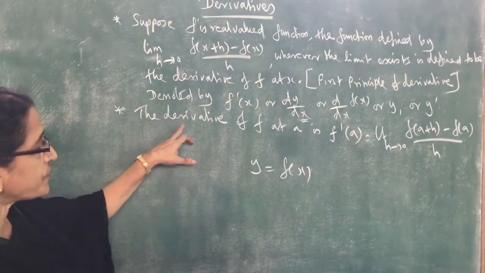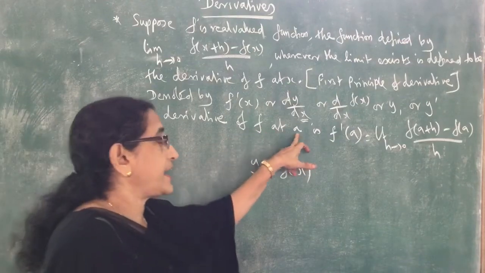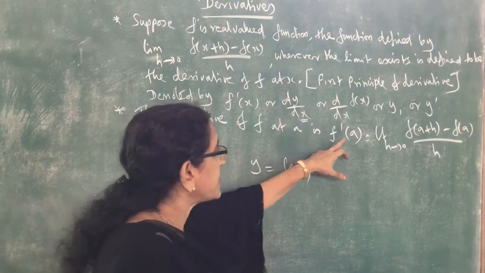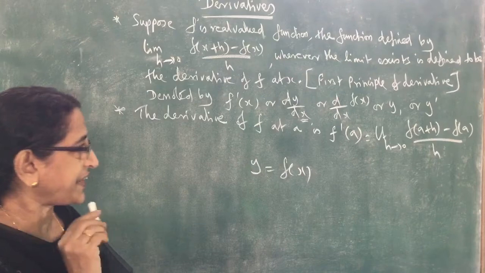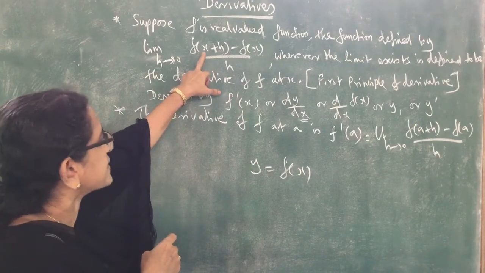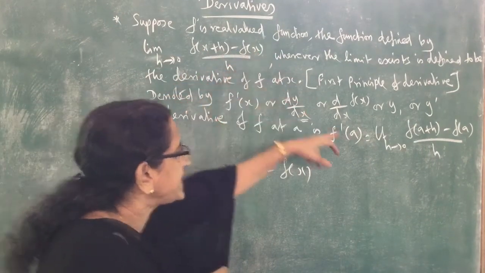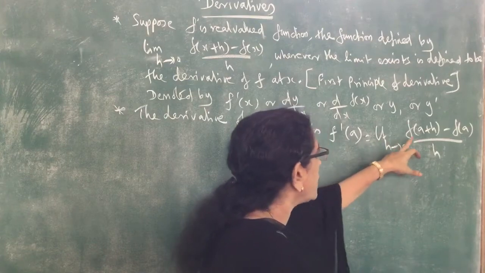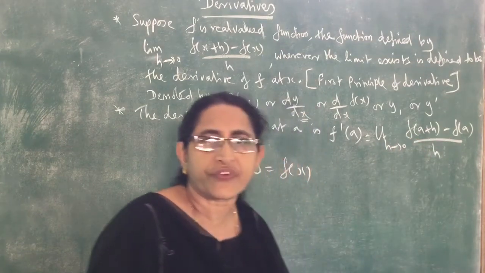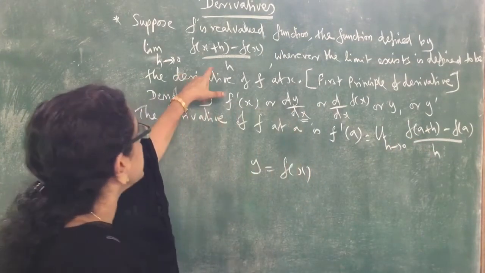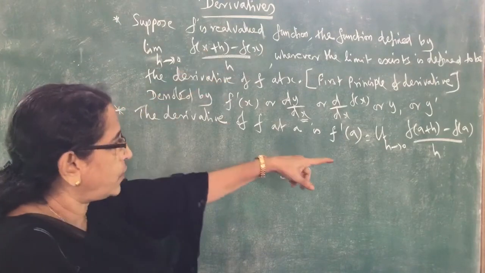Now the derivative of the function f of x at x equal to a is f dash a. At x equal to a means we only replace x by a. In the place of x, write a. So limit h tends to 0 of f of a plus h minus f of a by h. Only that is the difference.